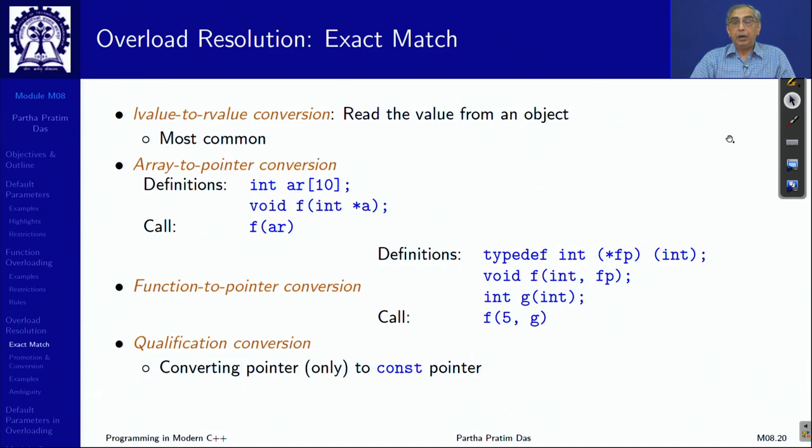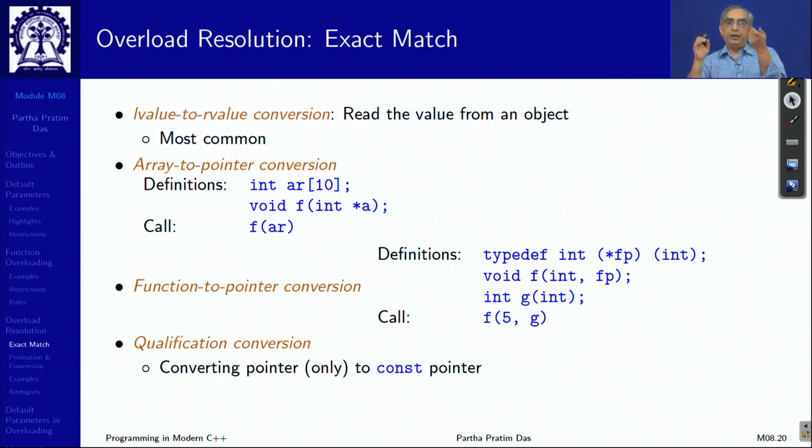So, what is an exact match? When 2 parameters exactly match. They will match if they are exactly identical types, of course, but certain things are considered loosely as an exact match, like L value to R value conversion. If you say variable A, then in the context of the left hand side it is an L value, an address, and in the context of the right hand side it is an R value.